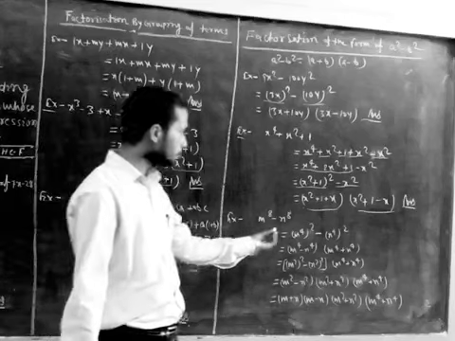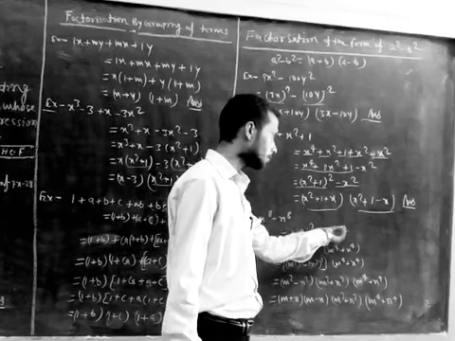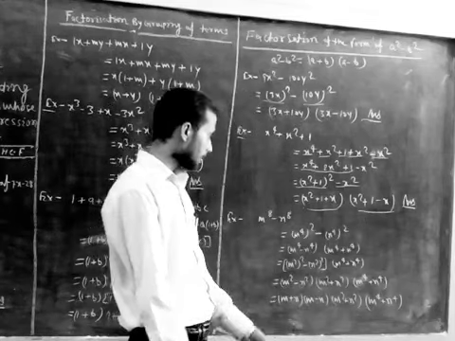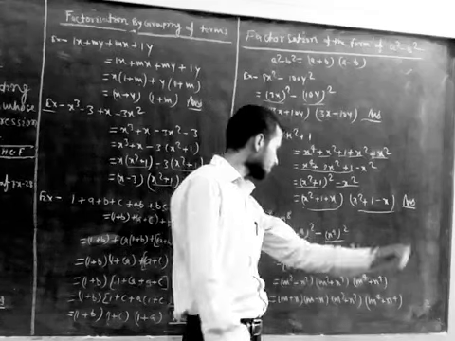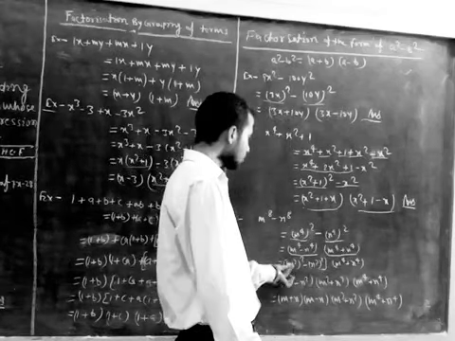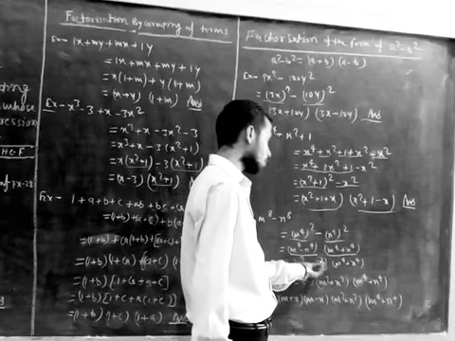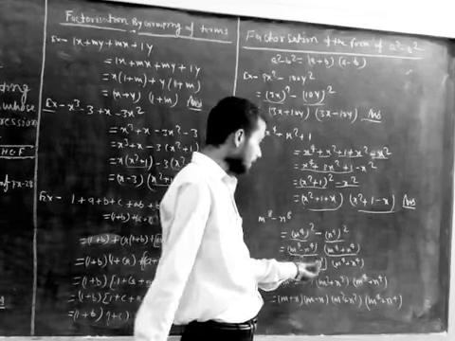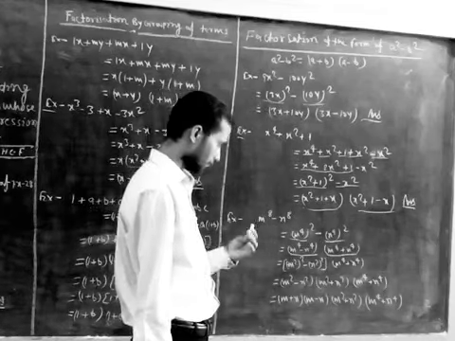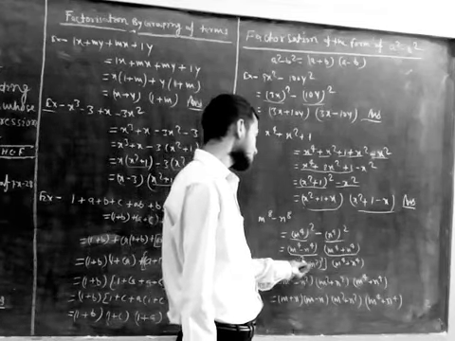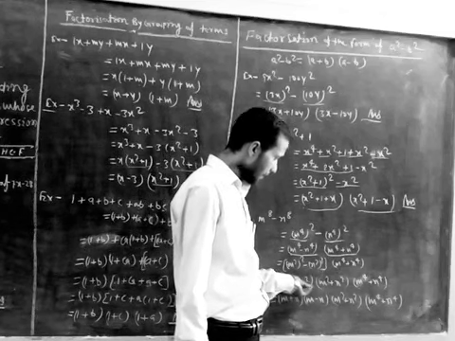And next example, m to the power 8 minus n to the power 8. First of all, (m to the power 4) whole square minus (n to the power 4) whole square. This is a square minus b square, (a minus b)(a plus b).